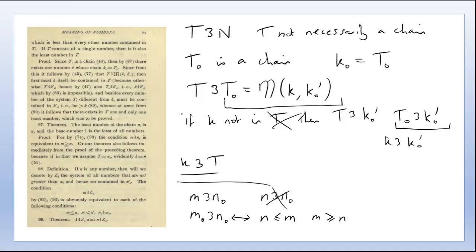Or our theorem also follows immediately from the proof of the preceding theorem, because if in that we assume T equals N0, then evidently K is equal to N.